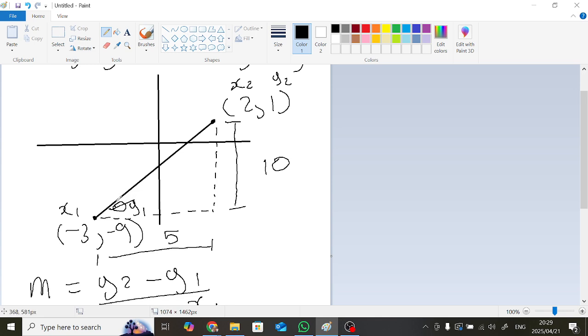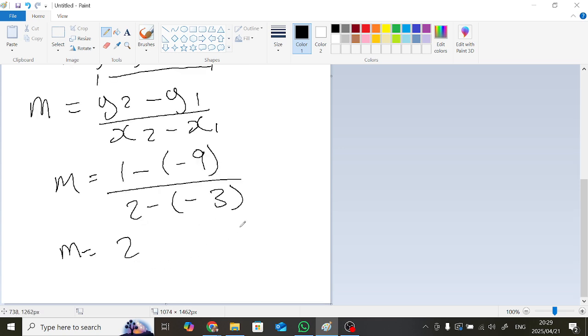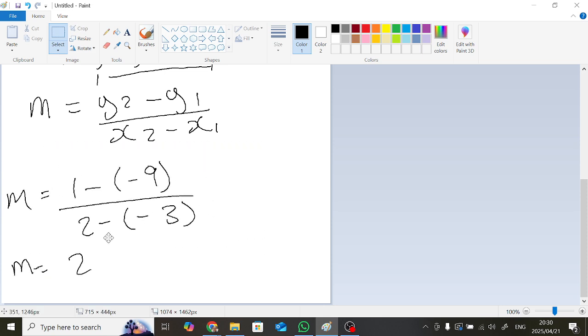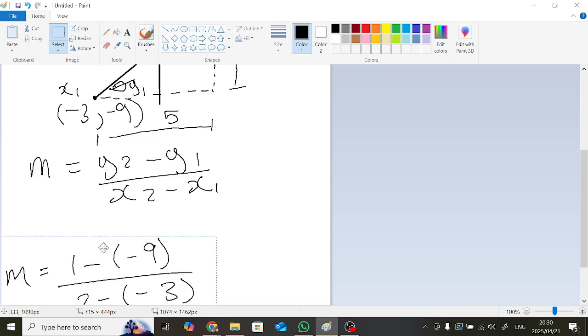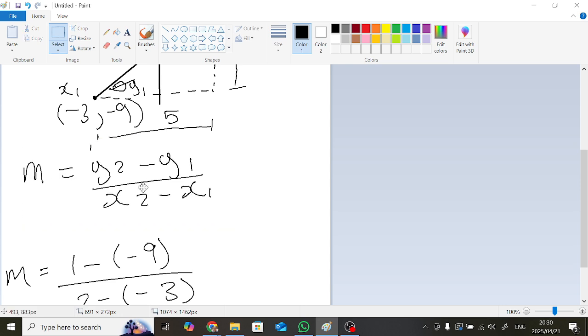So if we use trigonometry, we can use tan theta, which is opposite over adjacent. Let me just move this to the side over here. Okay, there we go.